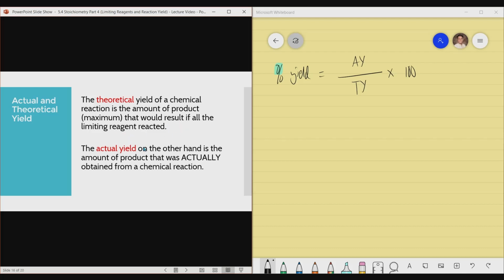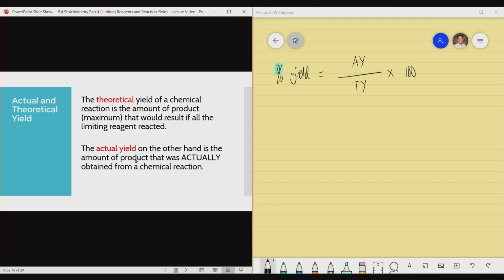Again, theoretical yield shows you the maximum amount in terms of percentage kapag lahat ng limiting reagent ay nagamit. Whereas the actual yield, this is very anchored in reality, kaya siya actual. Actual yield is the amount of product that was actually obtained. So yung actual yield naman po ay nagpapakita ng percentage kung gaano kadami in actuality or in reality yung na-obtain na product galing sa reaction. So si theoretical yield, binibigyan kanya ng ideya na ito yung maximum in theory na dapat mong ma-produce.